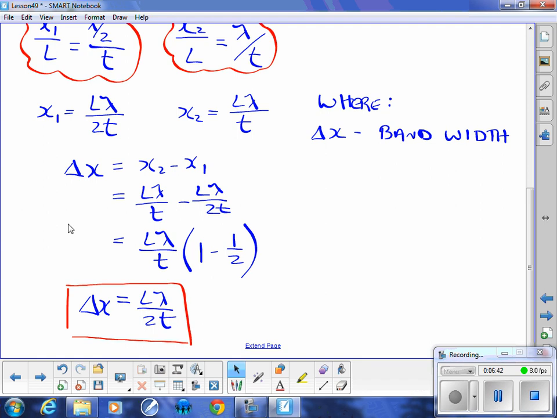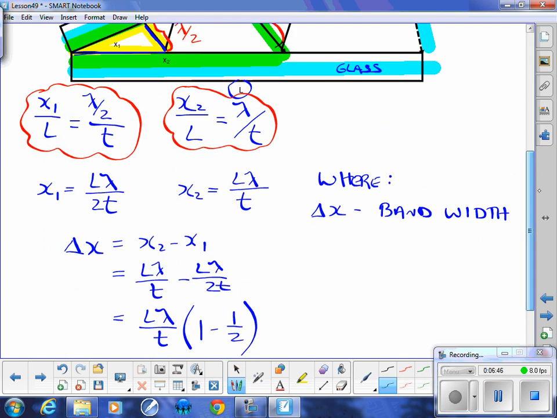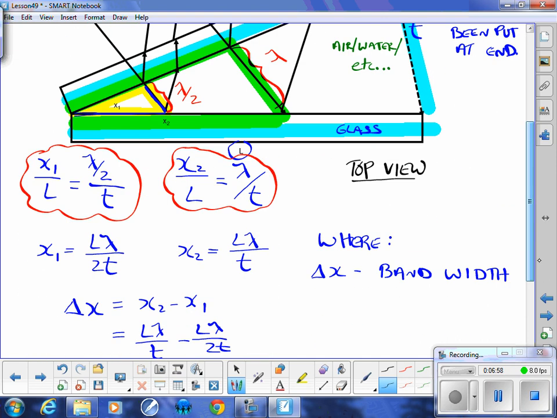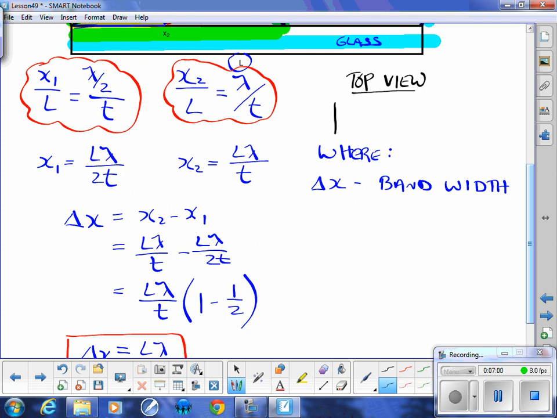And just to clarify that, if we're looking down from the top here, so top view, if our eye is up here, and we're looking at the resulting pattern on the wedge, it really looks like here's the glass plate that's elevated.